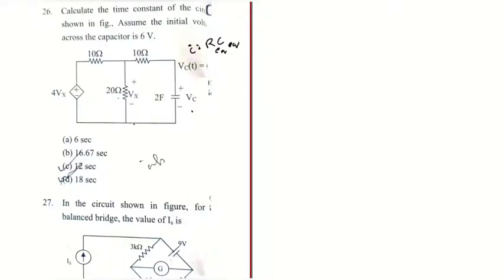So here it is a circuit where there is a dependent source. There is only one dependent source. So we are going to find VOC and RTH. For finding VOC, I am going to open circuit the capacitor terminal.